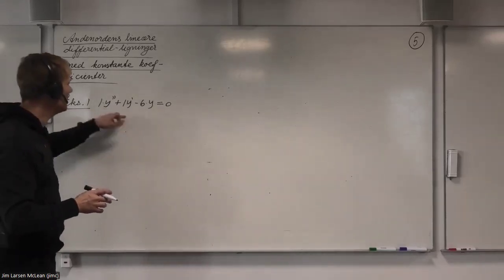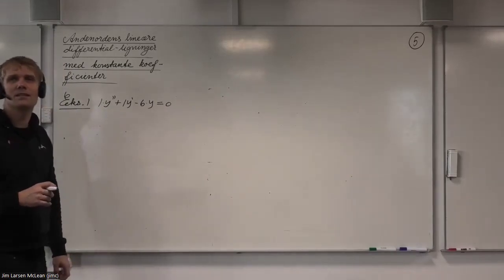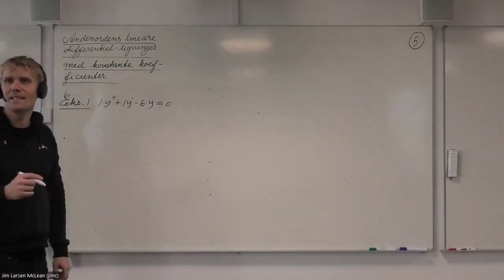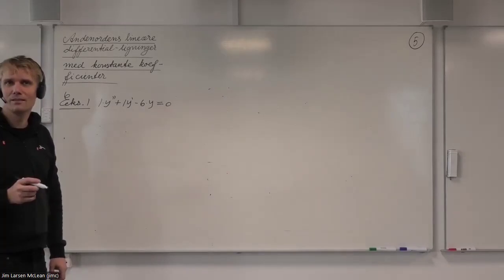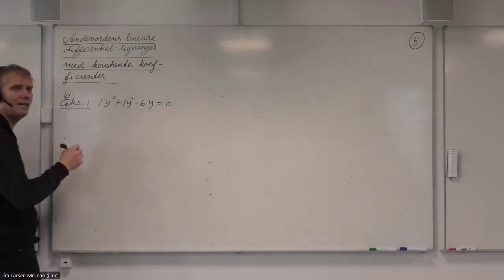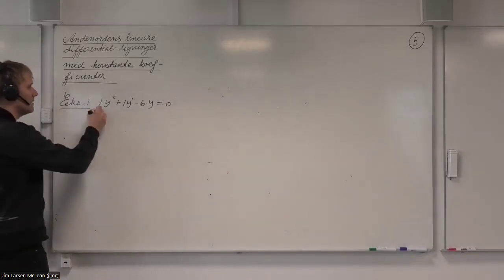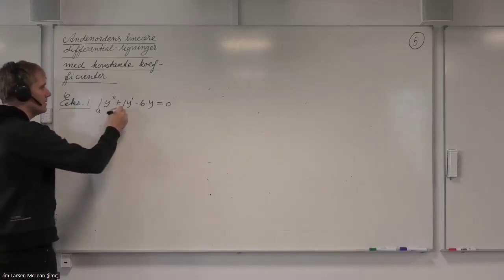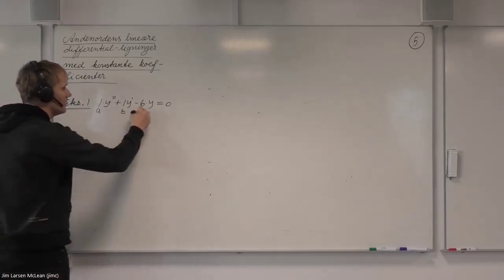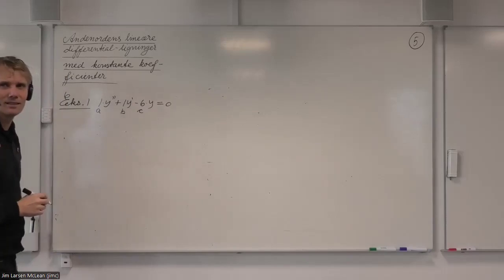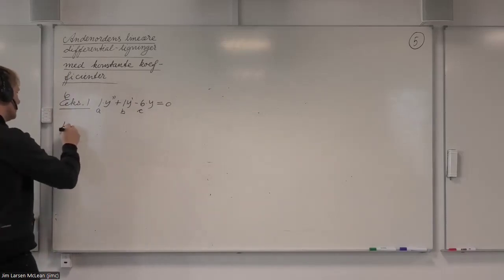How do you solve it? You write down the corresponding characteristic equation, which is an auxiliary equation, in lambda, and solve it. The first thing I do is ask, what is A, what is B, and what is C? Well, A is here, it is 1. B is here, it is 1. And C is here, it is negative 6. So my characteristic equation looks like this.